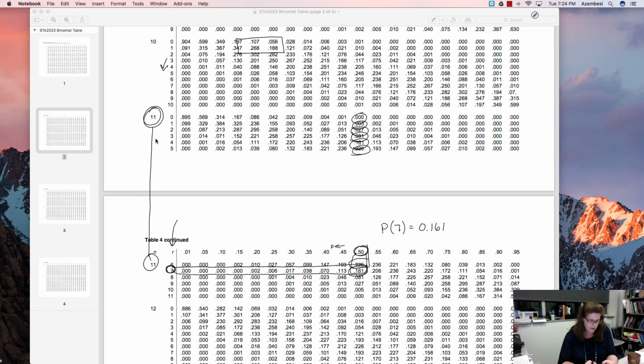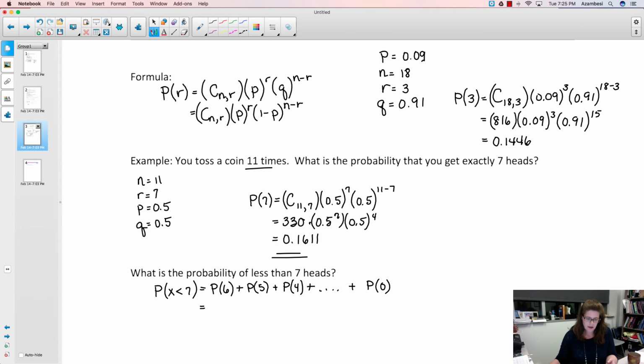If I add those up, I get 0.226 twice, 0.161, 0.081, 0.027, 0.005, 0.000, which gives me a probability of 0.726 altogether. And that is the probability of less than 7 heads.